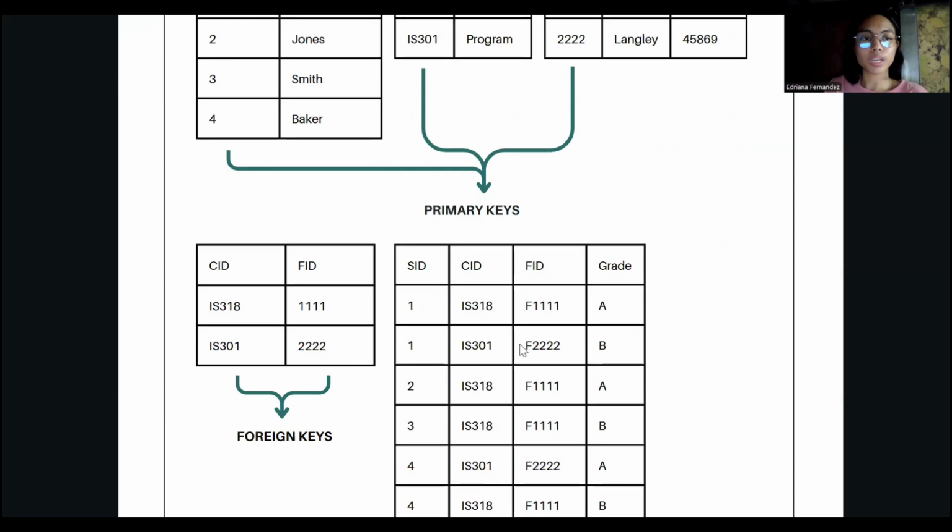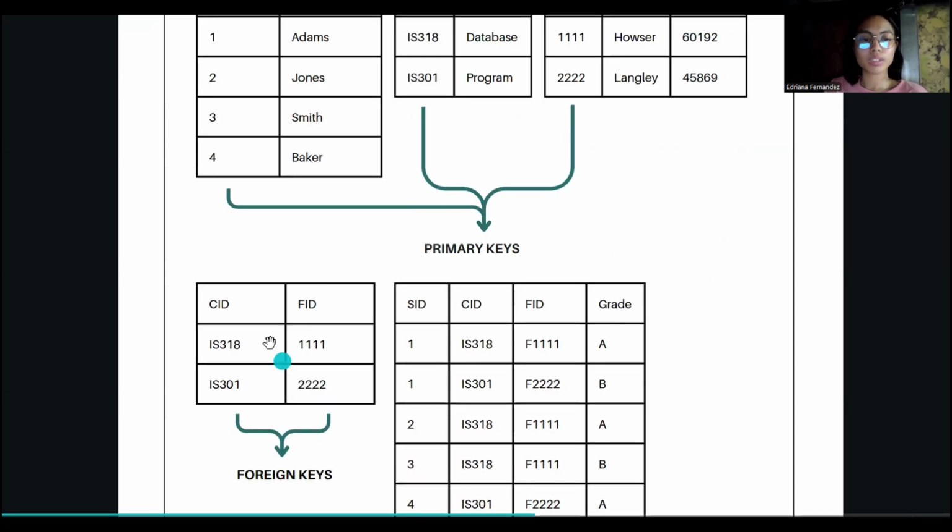So next we have here the 2 foreign keys, and this table manages the relationship between courses and faculty members, showing that a faculty member is responsible for each course.